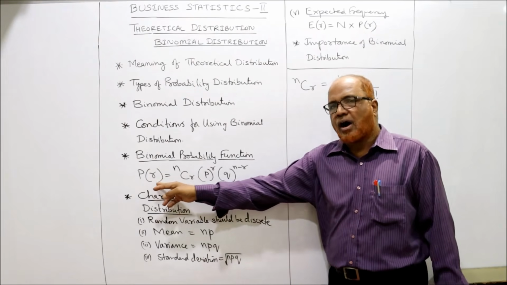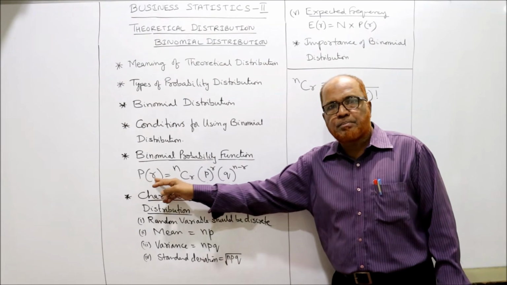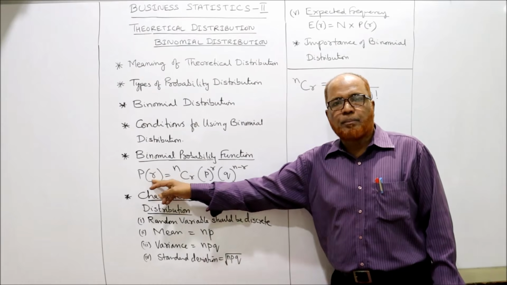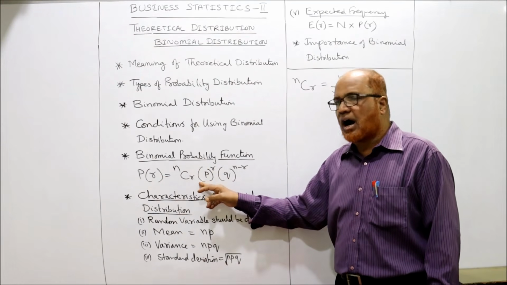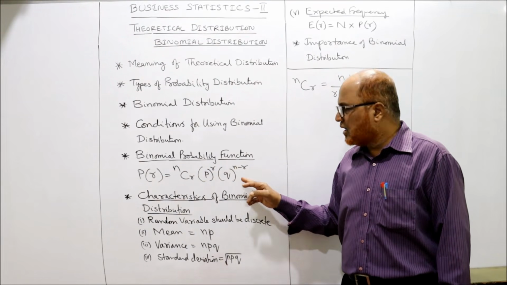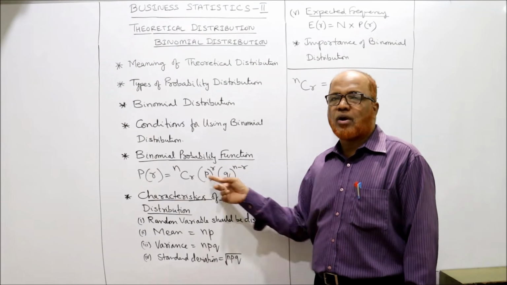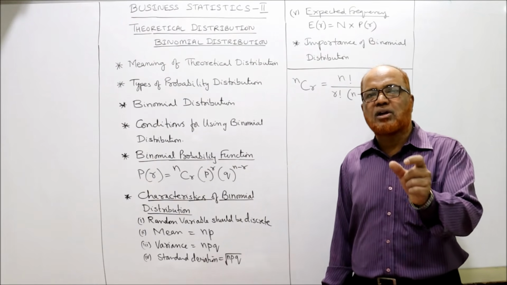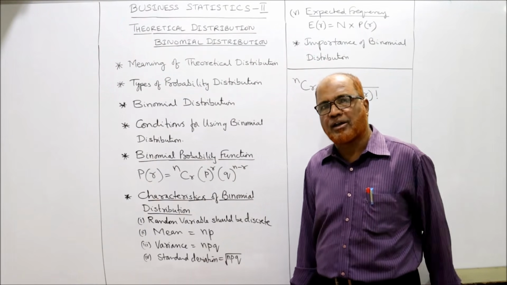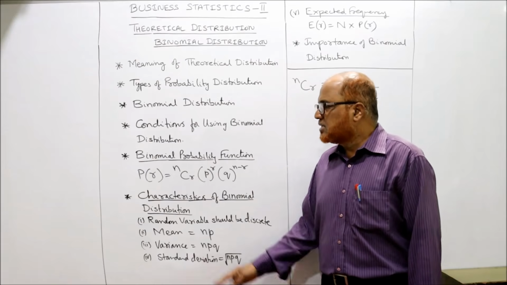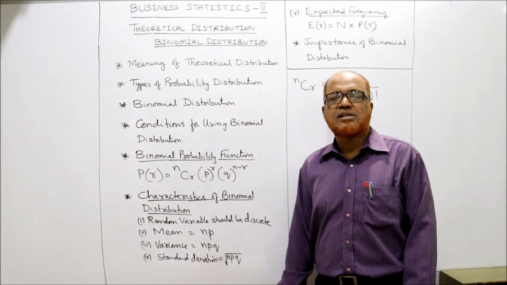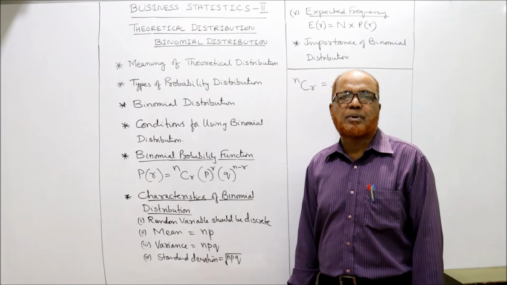Formula is P of R. This is read as P of R, probability of R. So P of R is equal to NCR, P to the power of R, Q to the power of N minus R. By using this formula, we can get the probability of R successes in binomial distribution, right? This NCR is a concept of combination, permutation and combination.